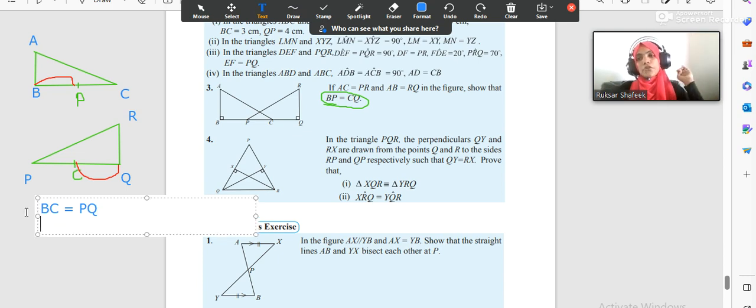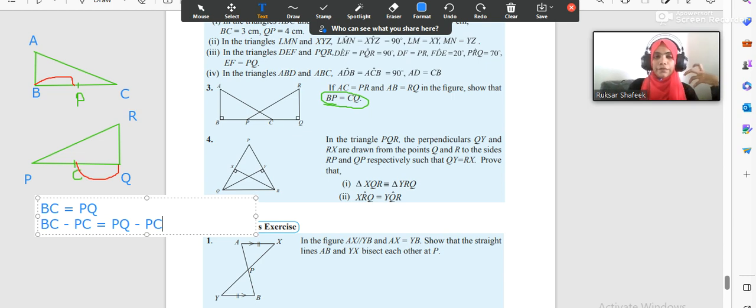So if you look at this triangle, we have one small section which is common, right? That's basically this PC, which is common, because when you join them, you know that PC is a common side. So from both BC and PQ, I'm going to subtract PC. So BC minus PC equals PQ minus PC. Now this is where your grade 9 axioms lesson comes in.